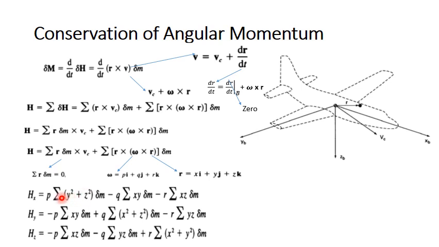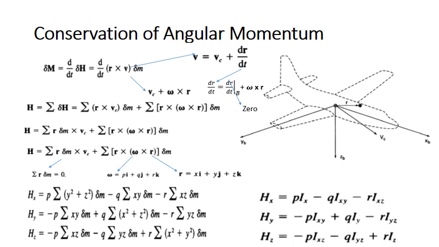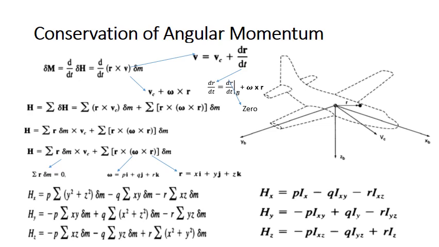The summations in these equations are the mass moments and products of inertia of the airplane. The final angular momentum components are as follows: hx, hy, hz. This is the definition of Ix, the moment of inertia around the x body axis, and this is the moment of inertia about the y-axis, Iy, the definition of Iy.